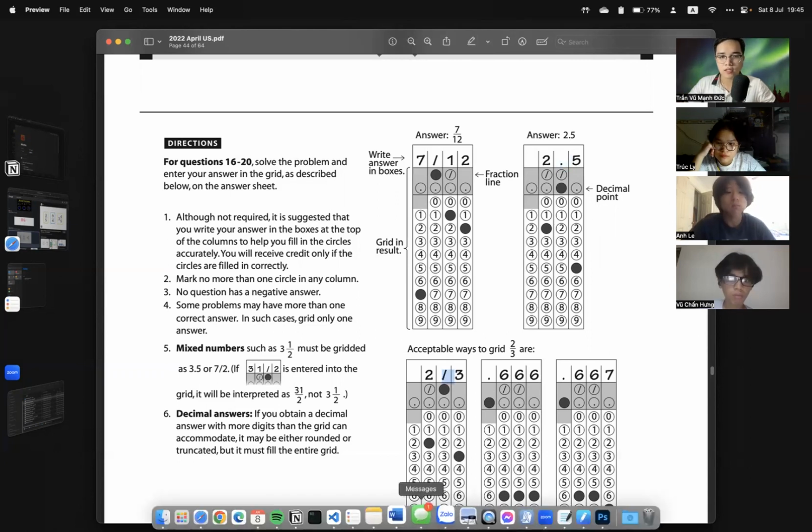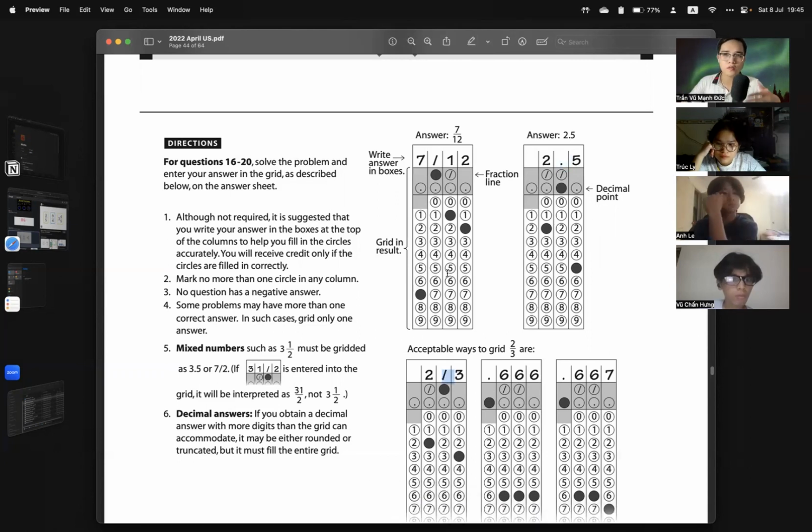And on the digital SAT, which I will introduce to you in a later session, there are still 3 or 5 boxes. In this case, they will have 5 boxes, and instead of bubbling in, you type in the answer. But essentially, you will have to follow only either decimal or fraction.